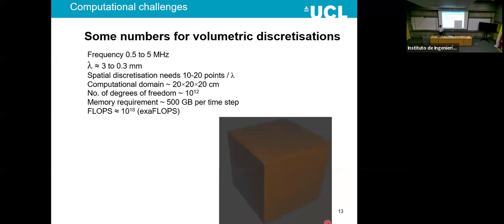I'm not sure this is completely current, but essentially, we have a 20 by 20 box, generally speaking, that we want to deal with. Our wavelengths are between 3 and 0.3 millimeters, and the spatial discretization in the usual schemes will tend to require 10 to 20 points per wavelength. So that's a very big problem.